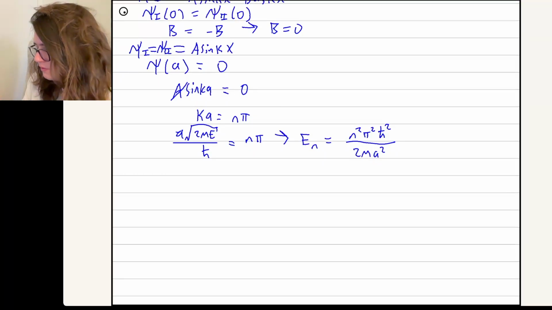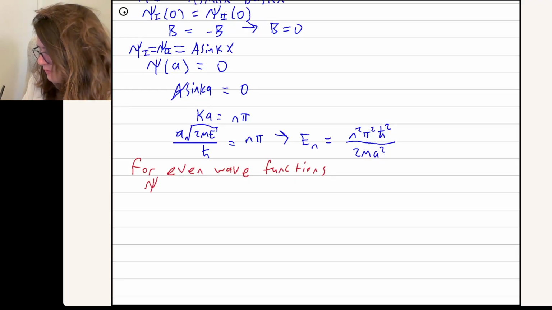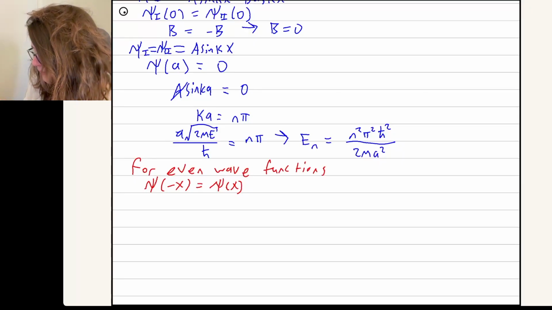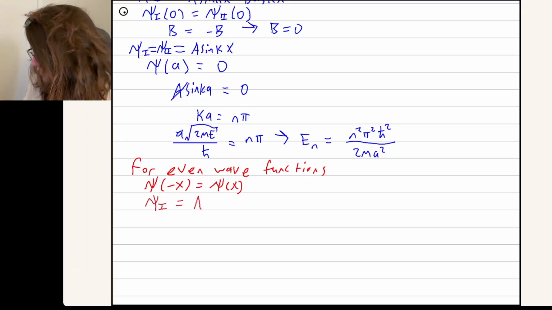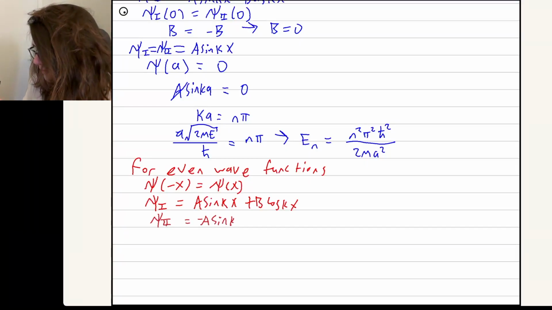So the even wave functions are a little bit more involved, and the constraint on those is that psi of minus x has to equal psi of x. So psi 1 is the same, it's still a sine kx plus b cosine kx. But to get this even behavior, we have to switch the sign on the sine function because sine is odd.